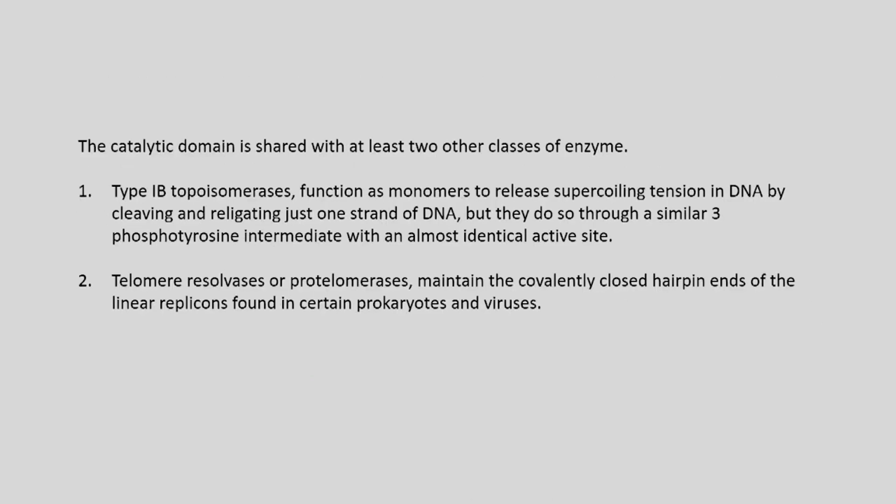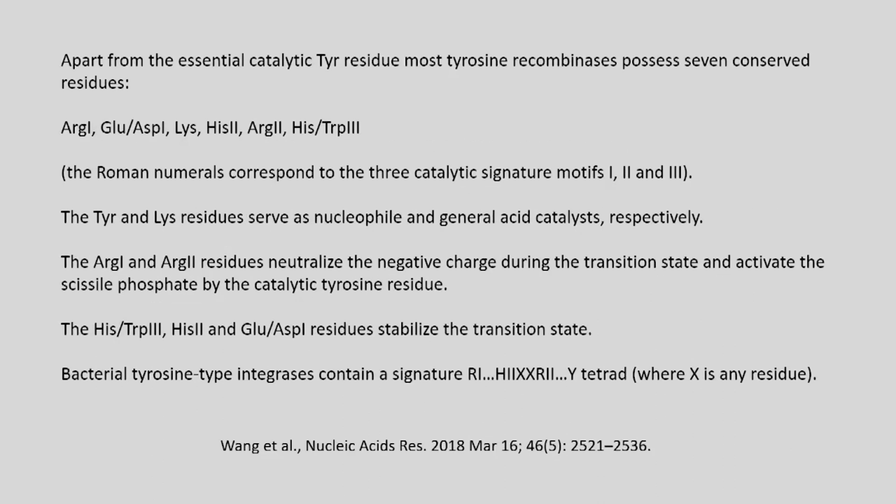Type 1B isomerases function as monomers to release supercoiling tension in DNA by cleaving and religating just one strand of DNA, but they do so through a similar 3' phosphotyrosine intermediate with an almost identical active site. The second one is the telomere resolvases or protelomerases. They maintain the covalently closed hairpin ends of the linear replicons found in certain prokaryotes and viruses.